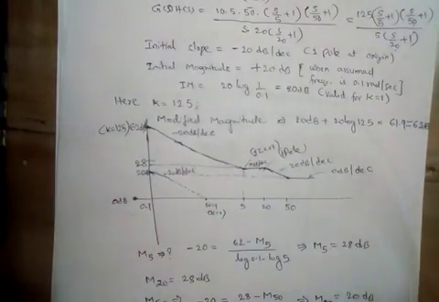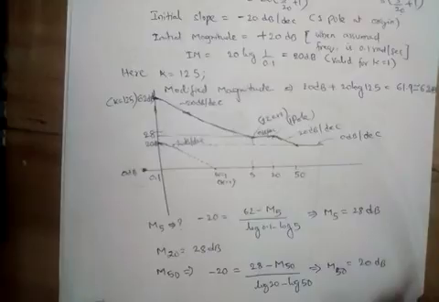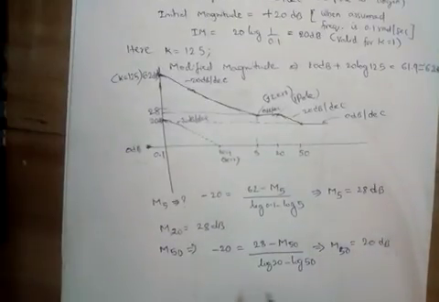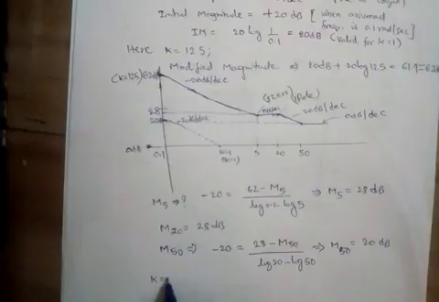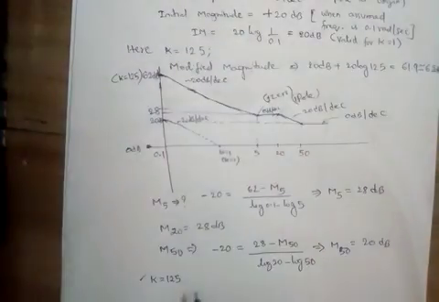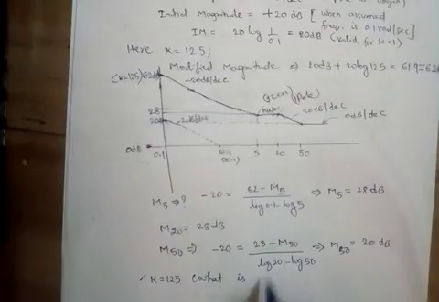Okay, so this is the simple Bode plot. We can find the K value in another way also. K is equal to 125. What is the omega value?